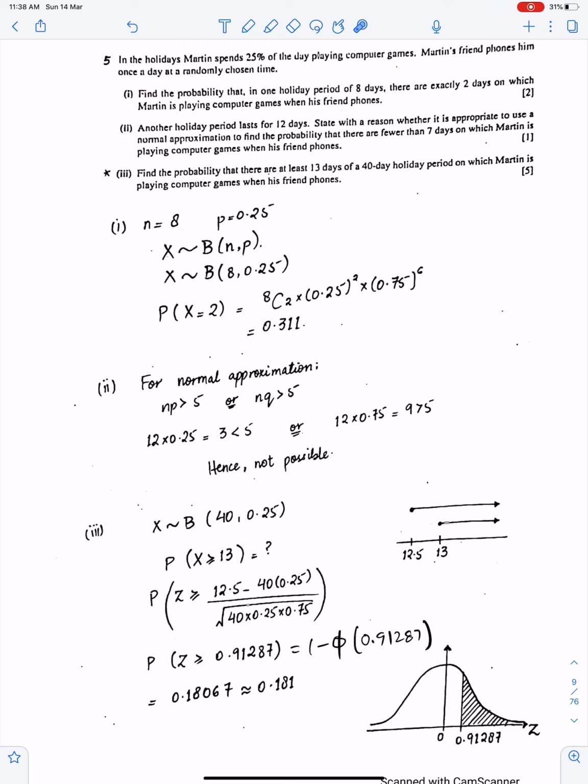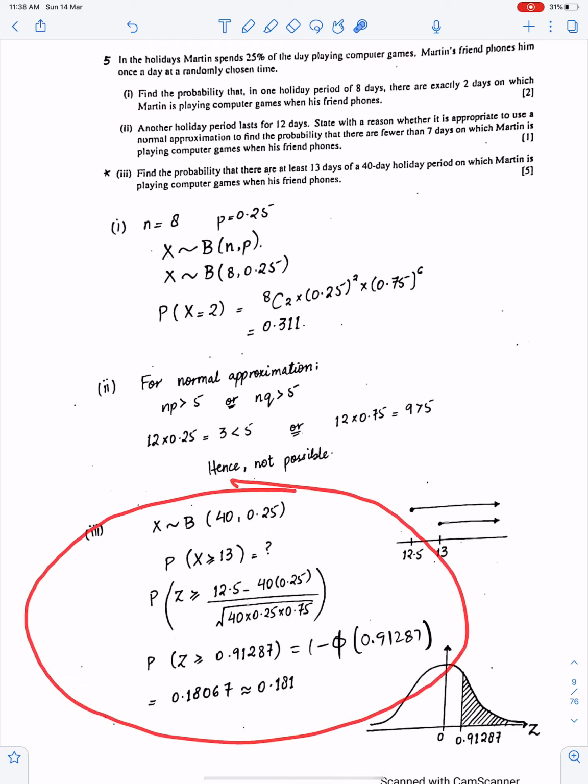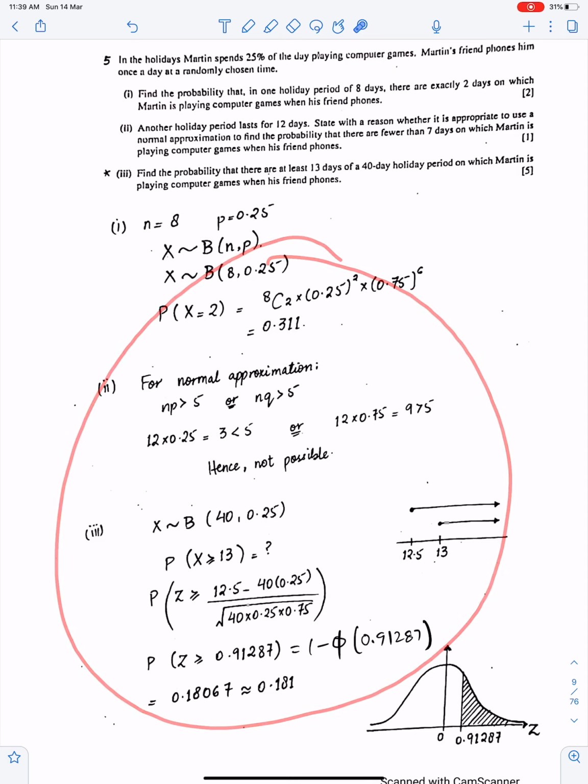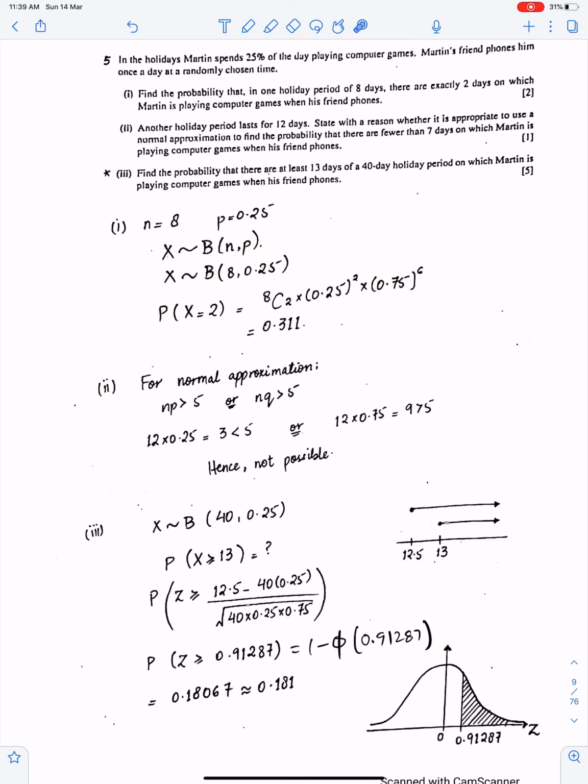This is the question of normal approximation. That is why I'm asking everyone watching this lecture to have watched lecture 1 to understand these concepts in detail. Here I use np and here npq.